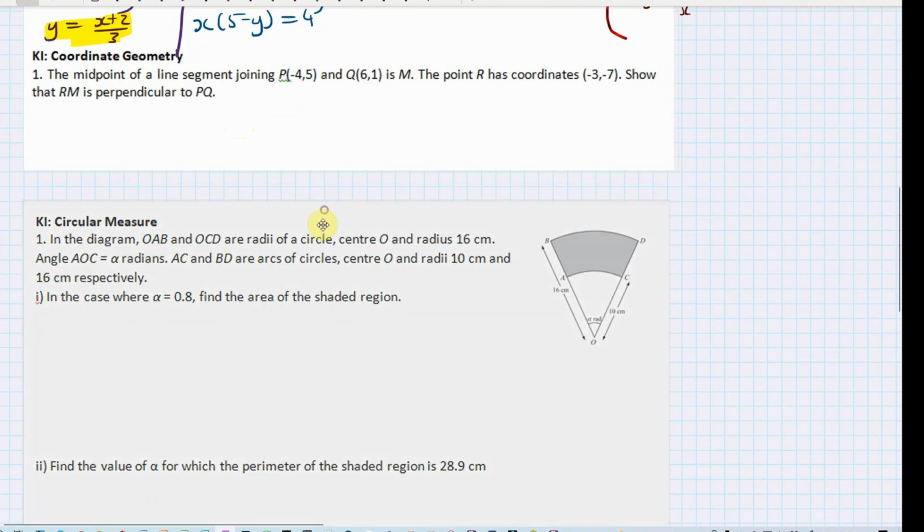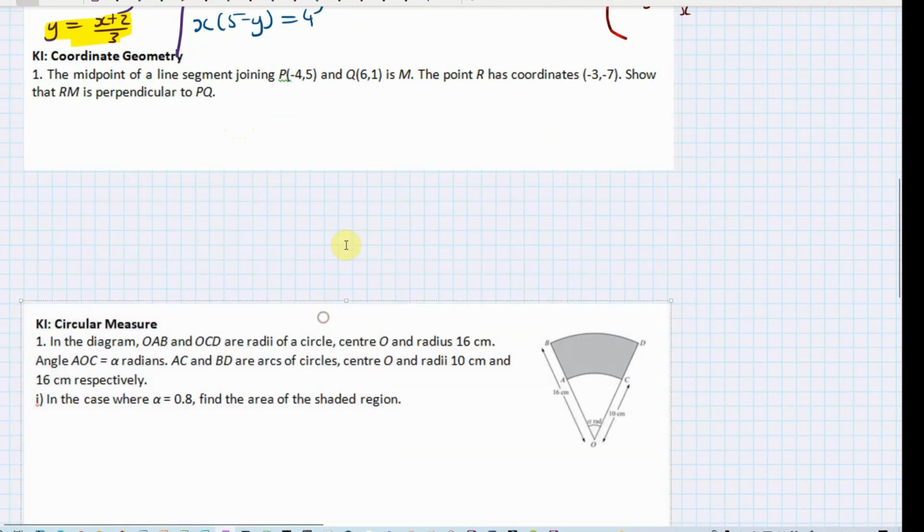I might just move this down a wee bit so we've got some room. The midpoint of the line segment joining P and Q is M. Then point R has coordinates of -3, -7. Show that RM is perpendicular to PQ. Let's find the gradient of PQ.